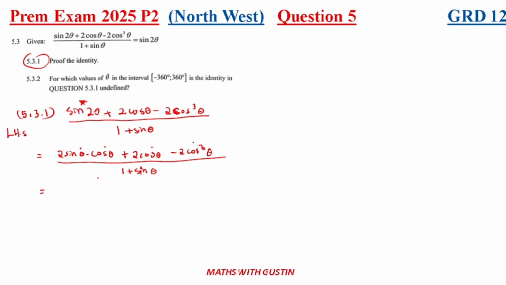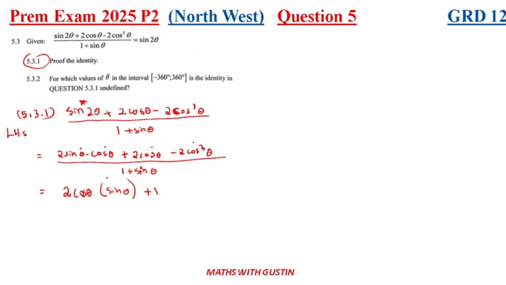So what I see now is a common factor of 2 cos theta. Okay, so if I remove 2 cos theta here, I'm going to be left with the sine theta. And then here, if I remove 2 cos here, it's just going to be plus 1.